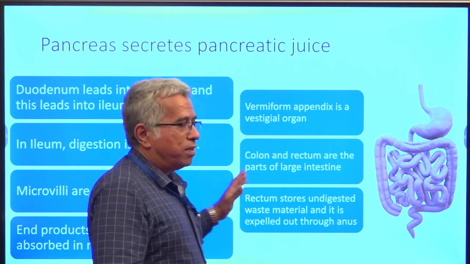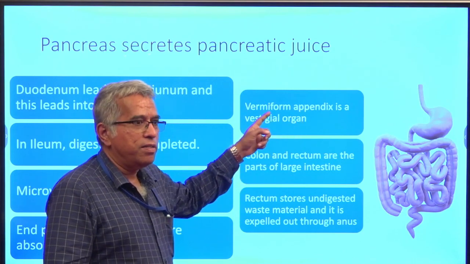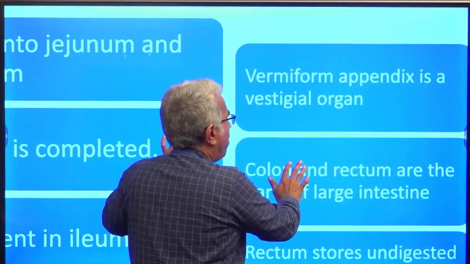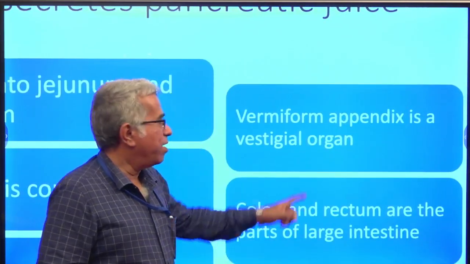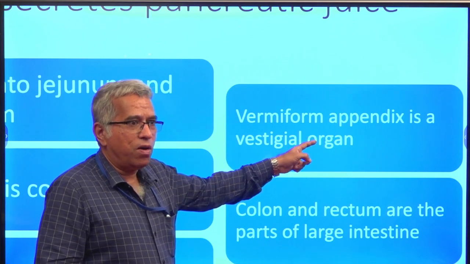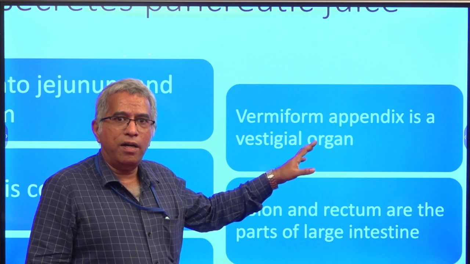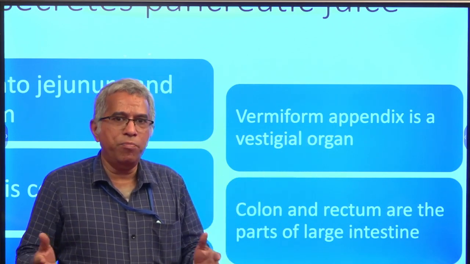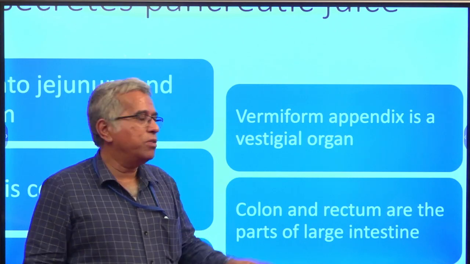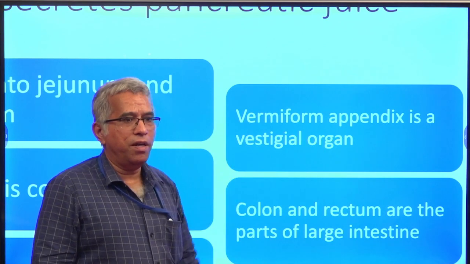After that, here you can find one small structure called the vermiform appendix. It is a vestigial organ. It is functional in herbivore mammals, where it is responsible for cellulose digestion. Human beings can't digest cellulose because the vermiform appendix is a vestigial organ in him.